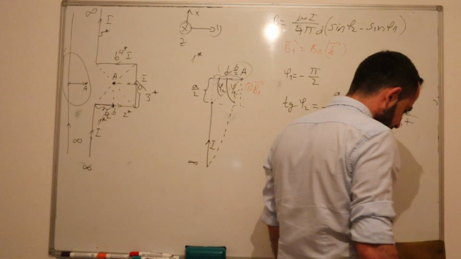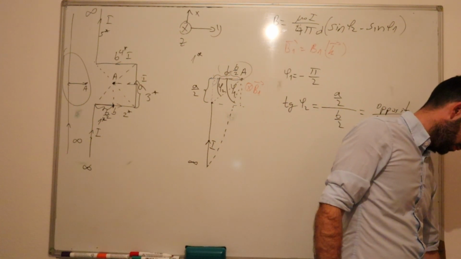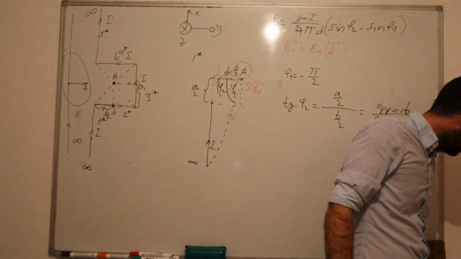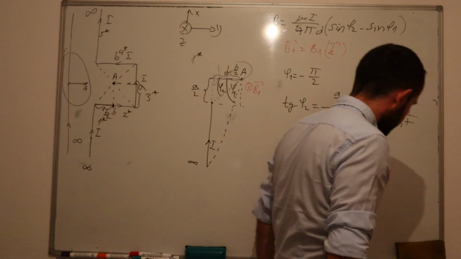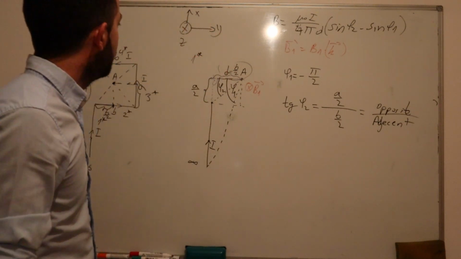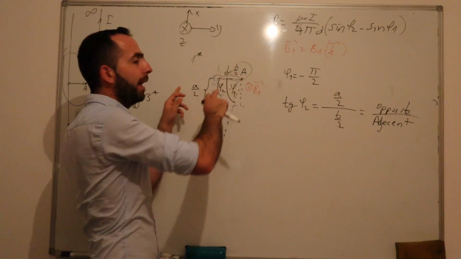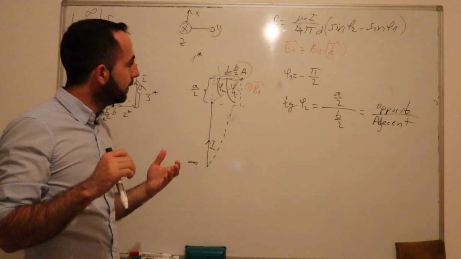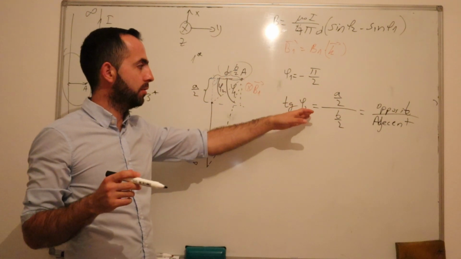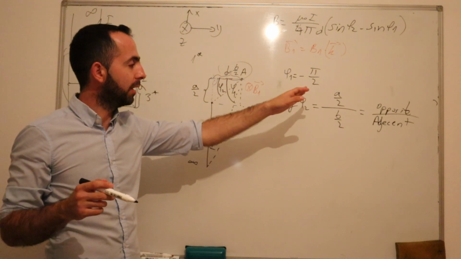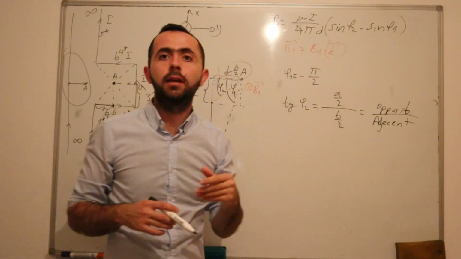But I'm not given the values of A and B. If I had been given the values, what could I do? I could calculate the tangent, calculate what that angle is and put it in here.